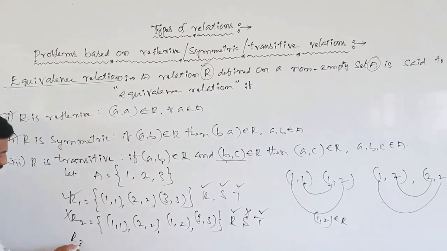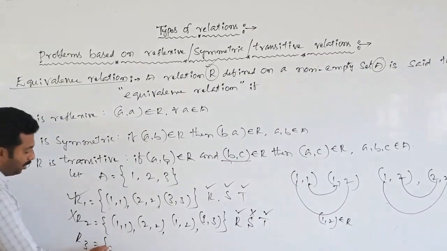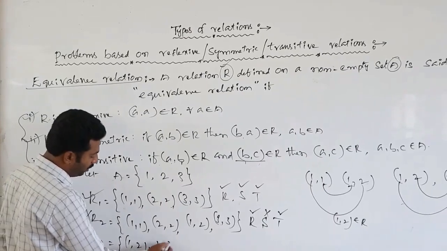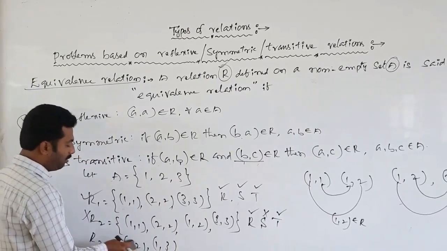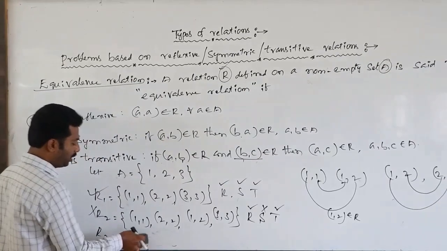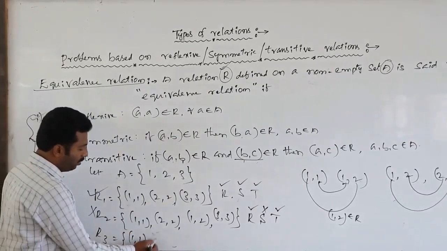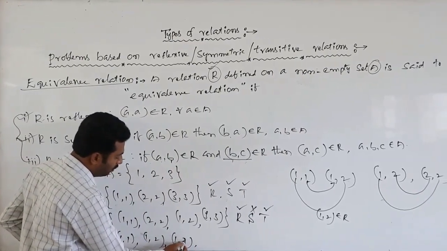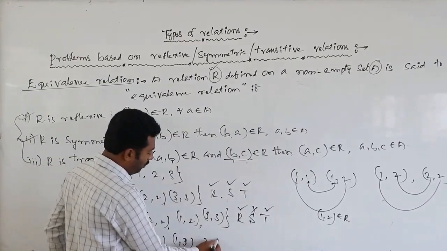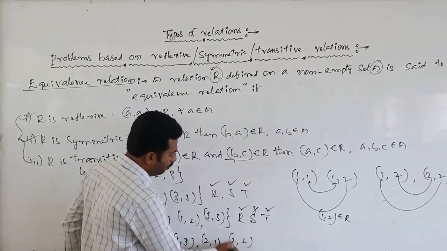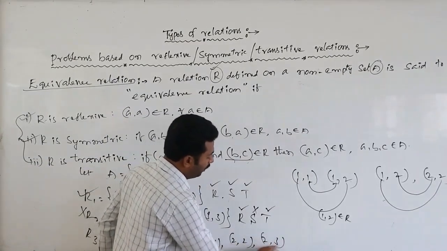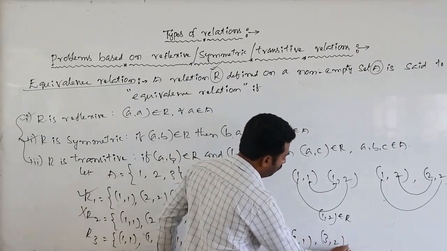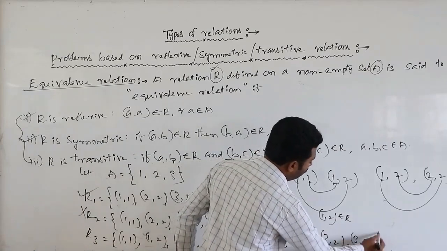Next one more. R3 equal to 1 comma 2, 1 comma 3. First 1 comma 1 I will write: 1 comma 1, 1 comma 2, 1 comma 3, 2 comma 1, 2 comma 2, 2 comma 3, 3 comma 1, 3 comma 2, 3 comma 3.